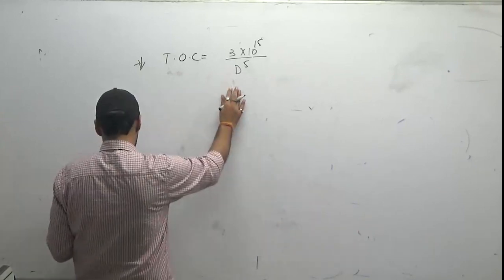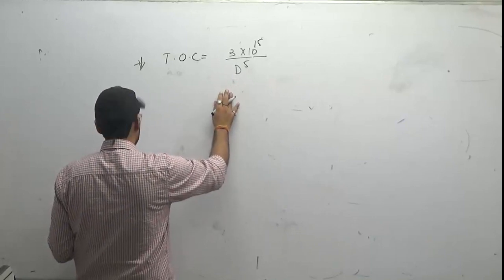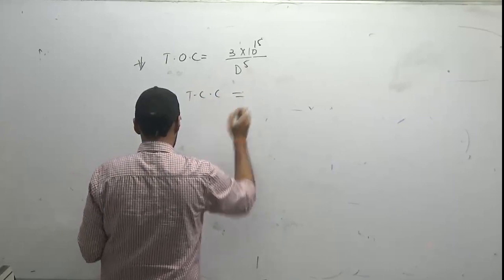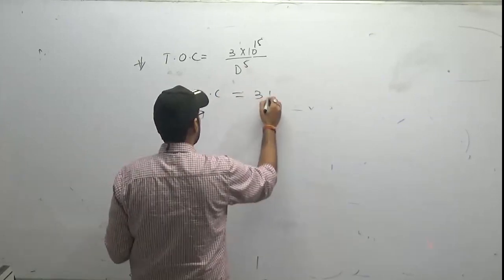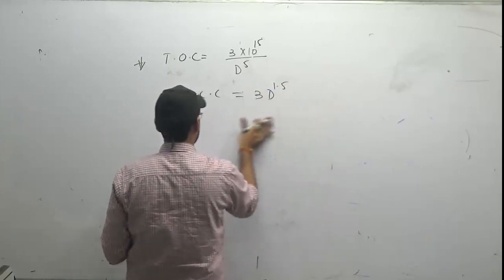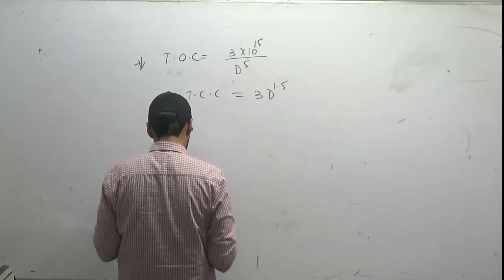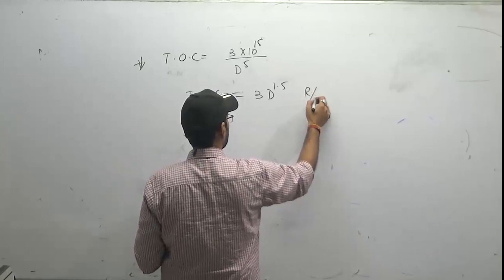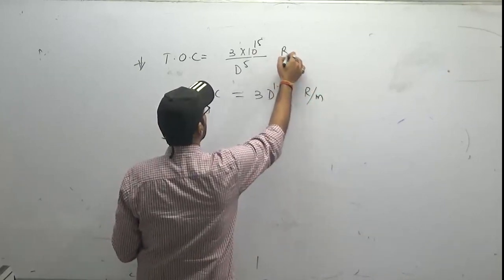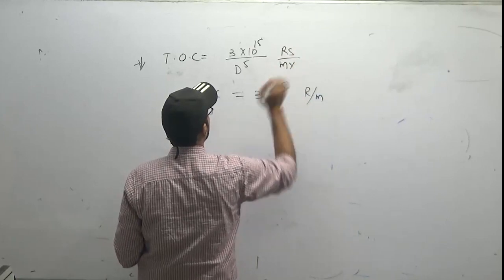So you have capital cost. What is the capital cost here? Total capital cost is given as 3D power 1.5, right? This is in rupees per meter. Annual operating cost is in rupees per meter year.